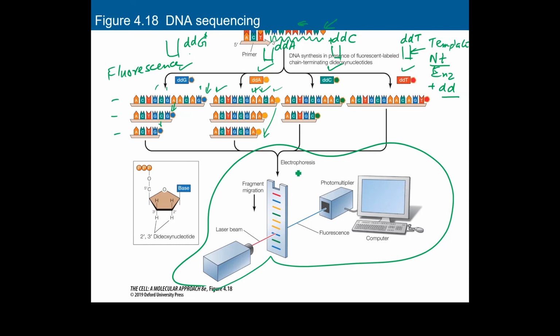This event of gel electrophoresis is recorded by the internal mechanisms of the DNA sequencer machines and converted into a sequence recorded in the computer. So it's a fully automated system now.